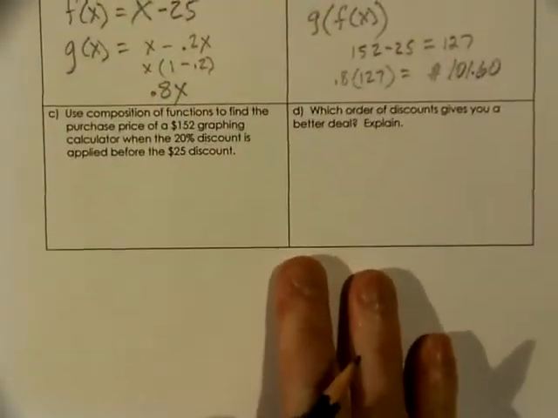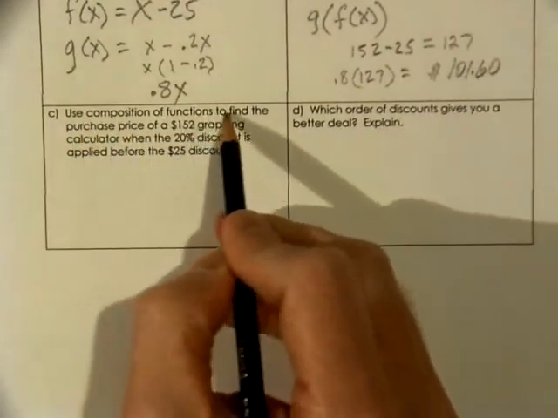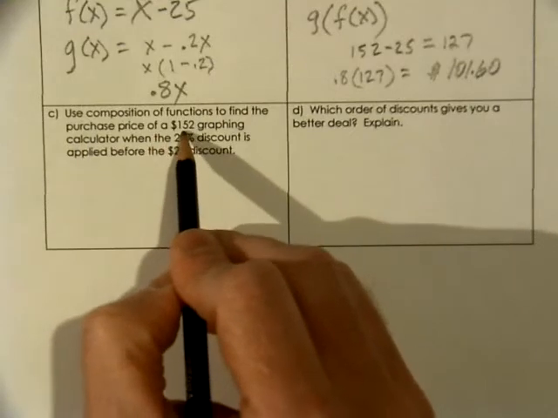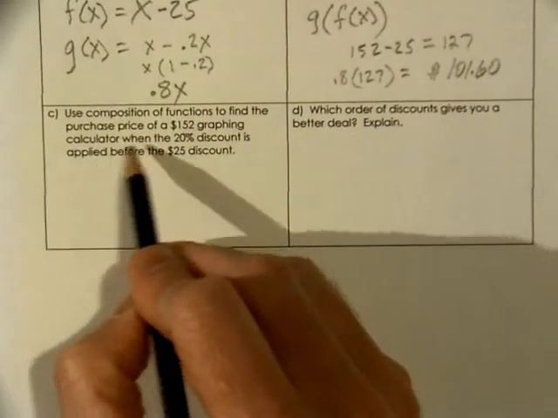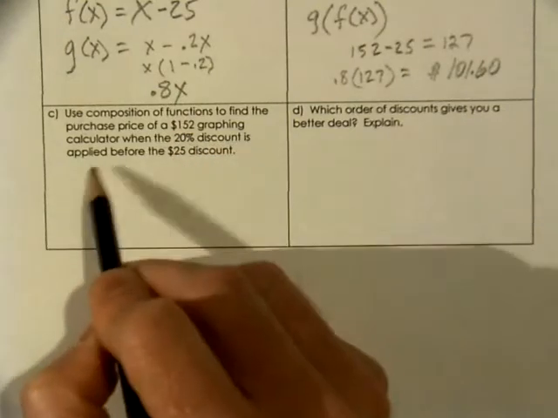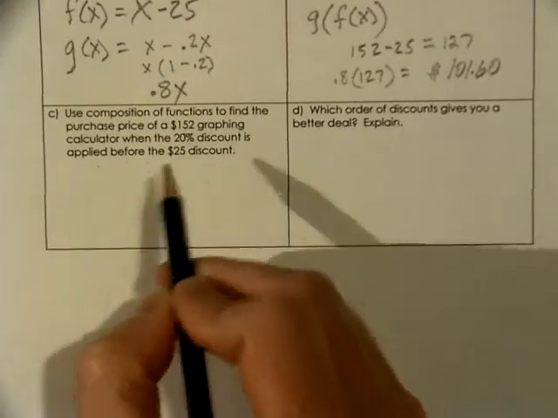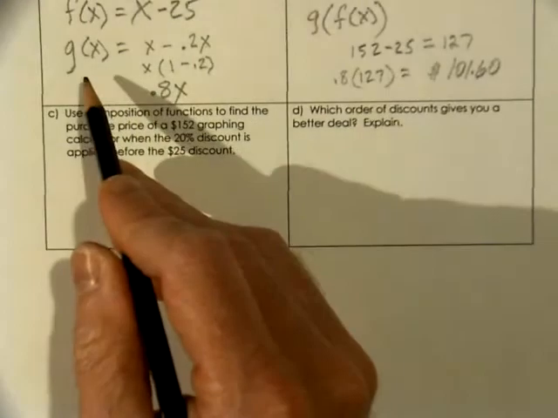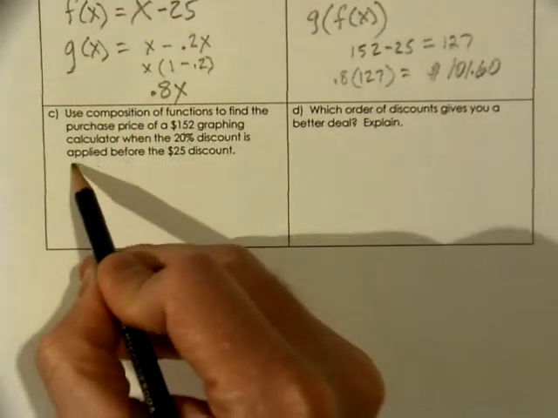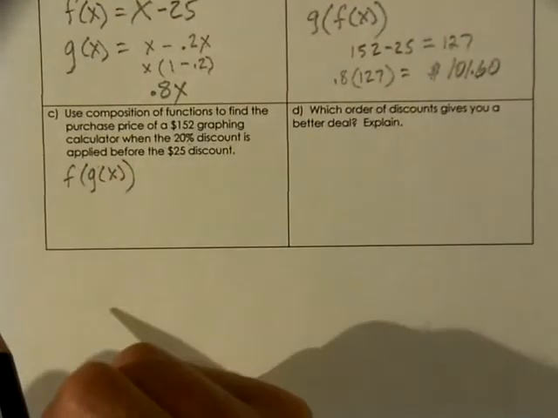Now if we try it in the other direction, use composition of functions to find the purchase price of a $152 calculator when the 20% discount is applied before the $25. So the 20% is applied first. So this is f of g of x.